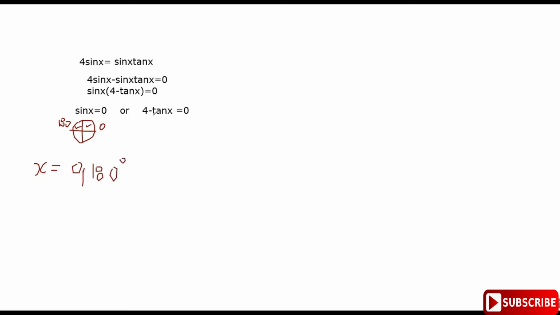All right. Now from this side, we're getting tan x equal 4. And if tan x equals 4, we can draw our circle. Tan is positive in the first and the third quadrant. And so we just need to find tan inverse of 4, which is 75.9 degrees.